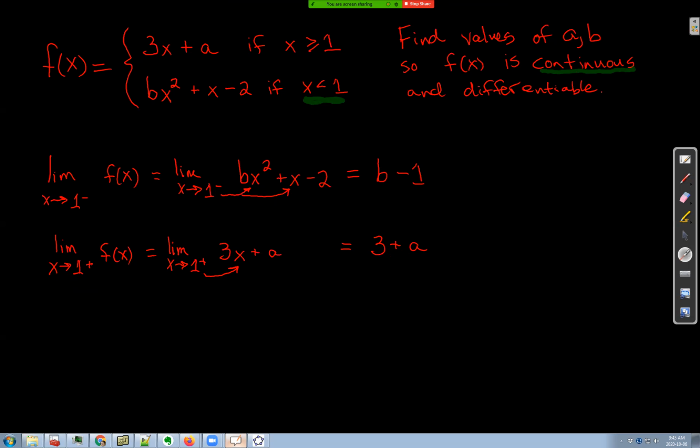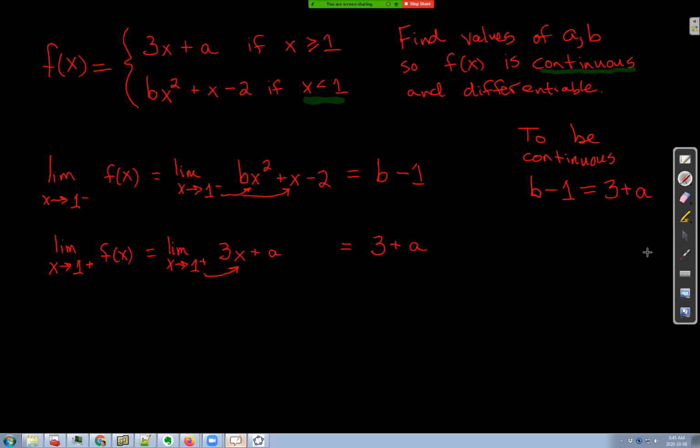And so to be continuous, these two things have to be the same. So I'll write that down. To be continuous, we have to have that b minus 1 is equal to 3 plus a.